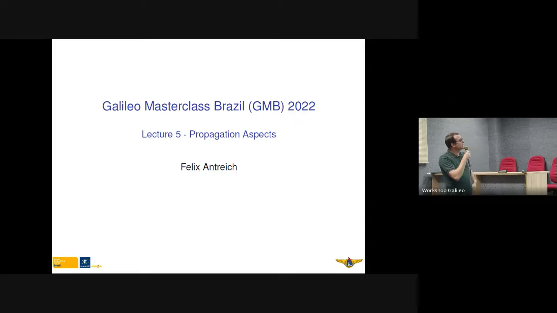In lectures 1 to 3, we discussed the signals, signal properties, and how to estimate parameters based on these signals. Yesterday we started to move on to the signal processing in the receiver.